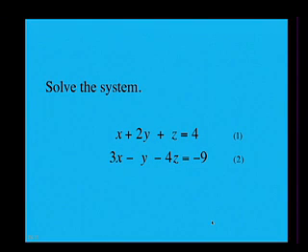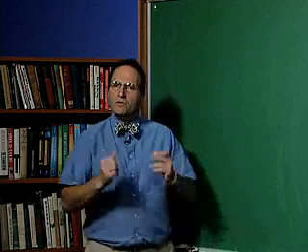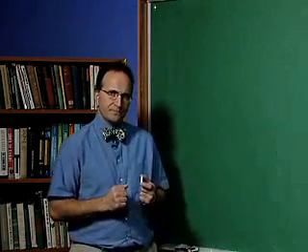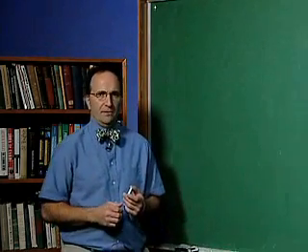Solve the system x plus 2y plus z is equal to 4, and 3x minus y minus 4z is equal to -9. Well, the first thing to realize here, of course, is you only have two equations, and there are three variables.